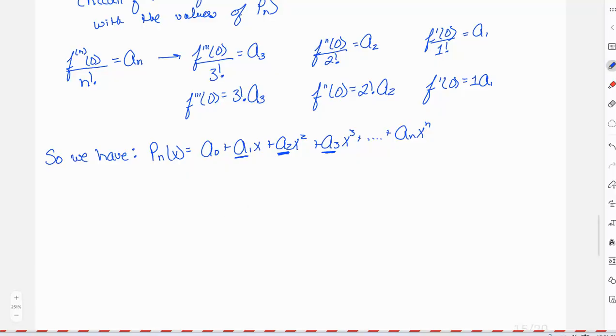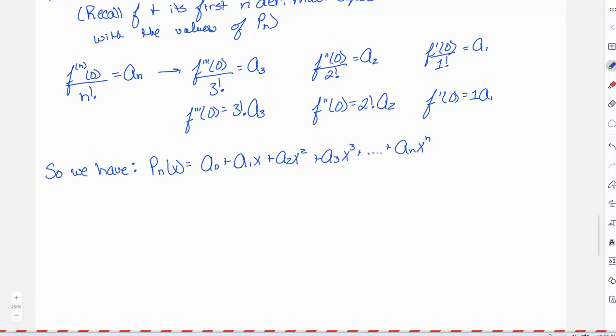So we started out saying we could write that polynomial as a naught plus a sub 1x plus a sub 2x squared plus a sub 3x cubed, and so on. And then we looked at derivatives to figure out the pattern. How can I write those coefficients in front of the x's? So we came up with a pattern for that, looking at just a few of those.